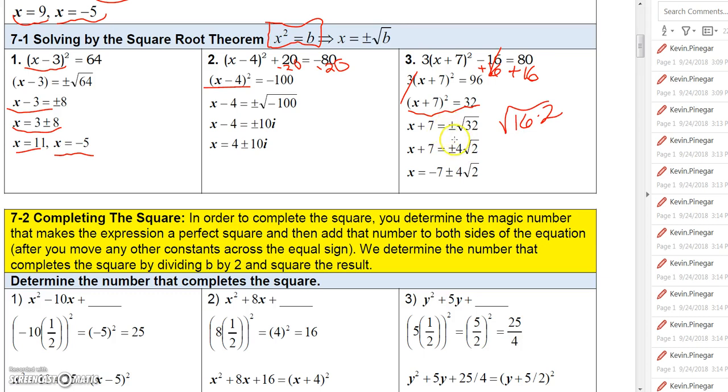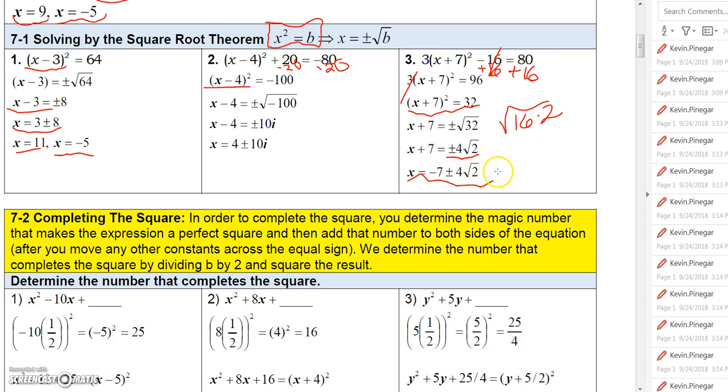So this is going to equal plus or minus 4 times the square root of 2. And then since you have x plus 7 equal to plus or minus 4 square root of 2, now just subtract 7 from both sides, and you get x equals minus 7 plus or minus 4 square root of 2. So again, that's two answers. It's minus 7 plus 4 square root of 2 and minus 7 minus 4 square root of 2.